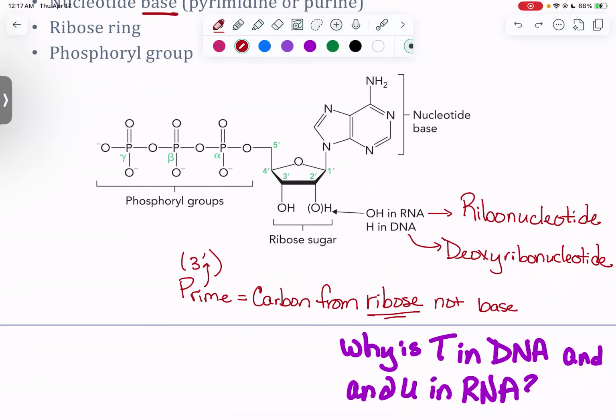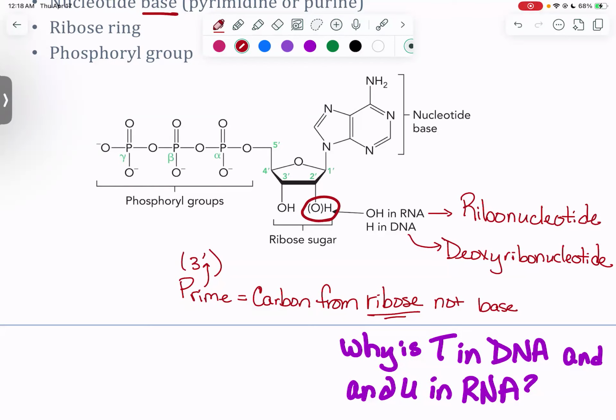When we talk about these different nucleotides, they're different if we have RNA versus DNA. On C2, if we have a hydroxyl, it's RNA. If on C2 we have just a hydrogen, it's a deoxyribonucleotide.